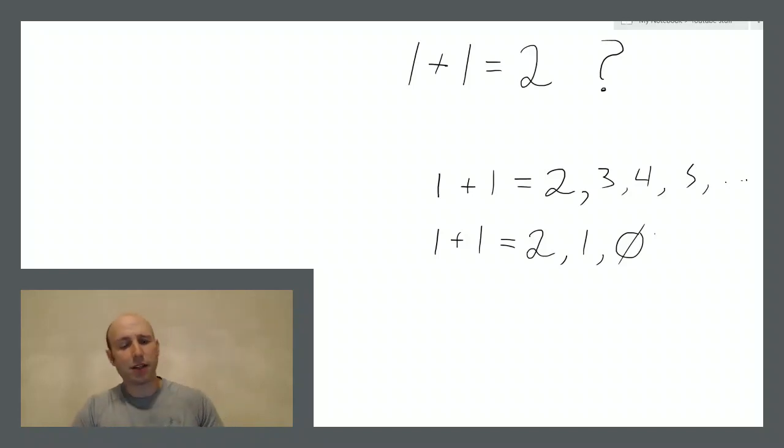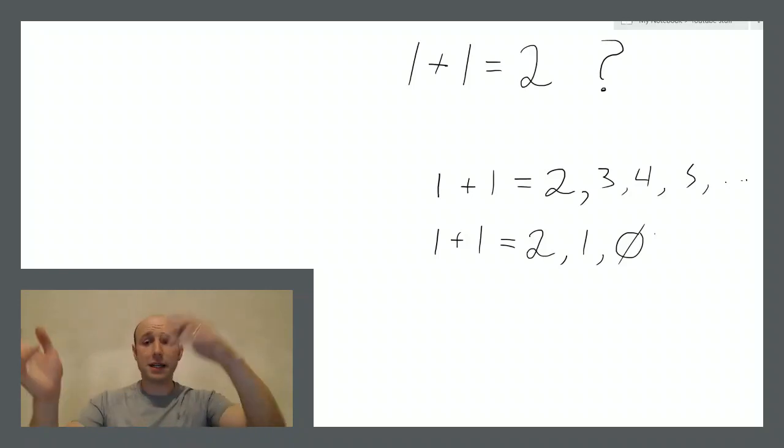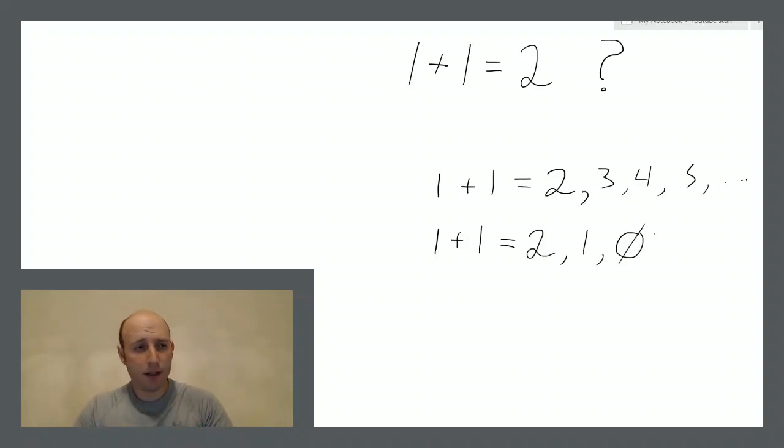Will it weigh 2 kilograms? No, it's probably going to be less than 2 kilograms, because in that smashing process, some bits and pieces will fly off. So here you have an example where, from the start, 1 plus 1 is less than 2.